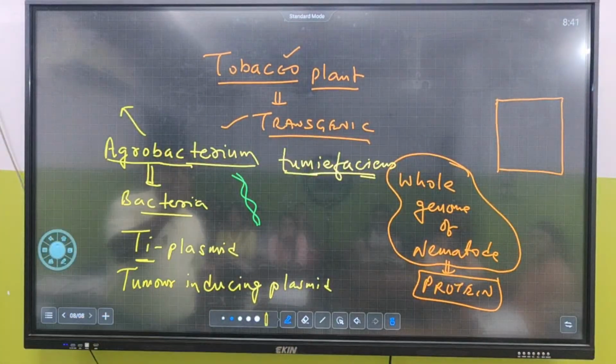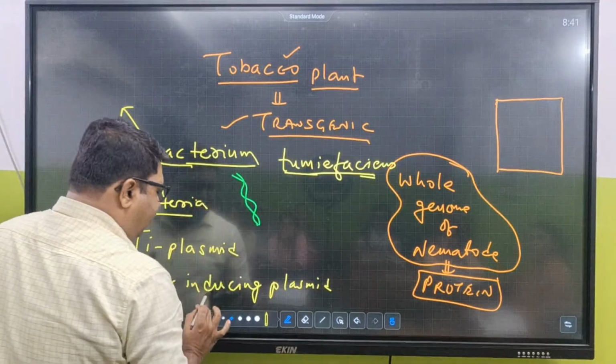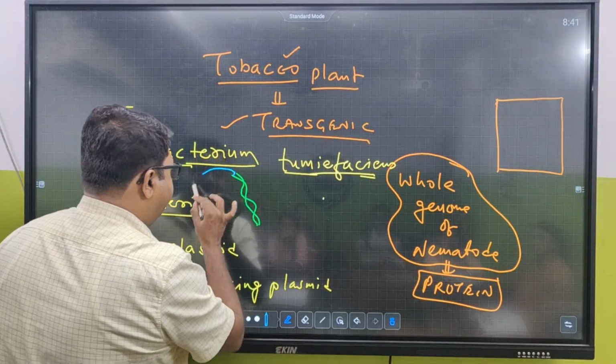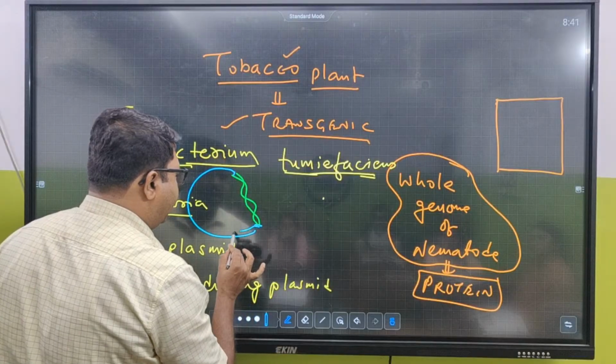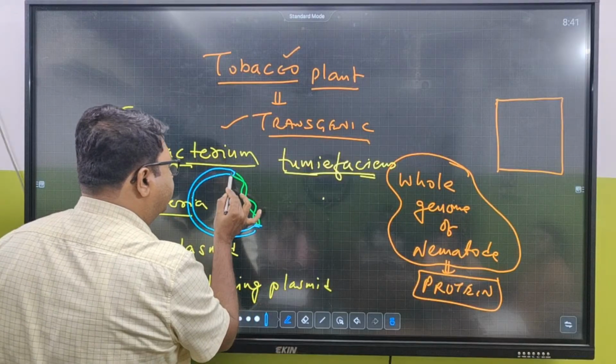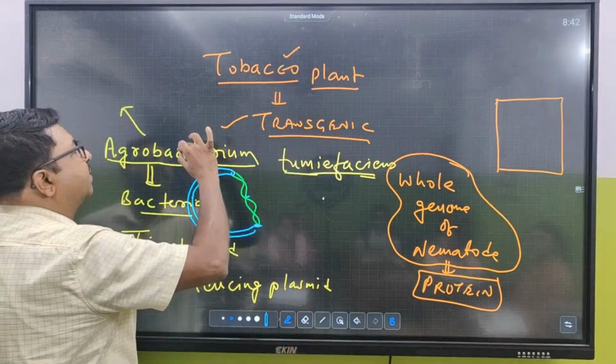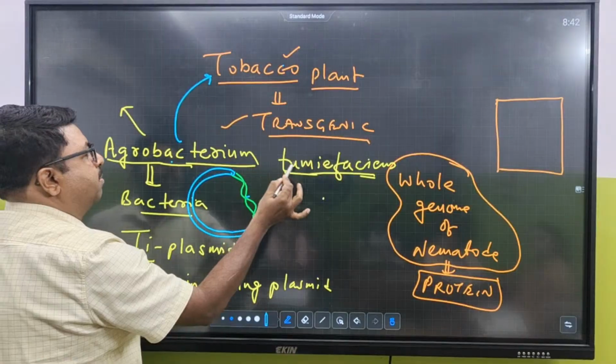Now, inside the TI plasmid, what have you done? You have introduced the entire genome of the nematode specific gene inside the tobacco plant with the help of Agrobacterium tumefaciens.